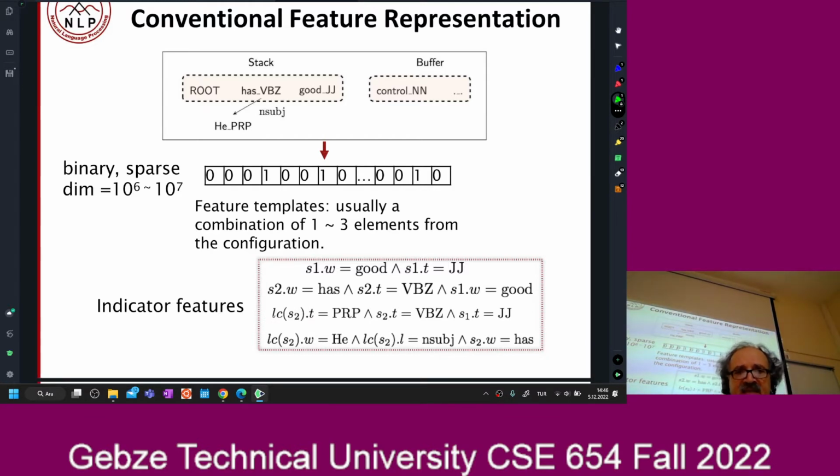So what I'm saying here is this. I will have a binary feature vector that's going to indicate lots of flags.